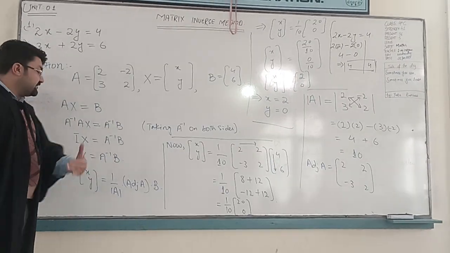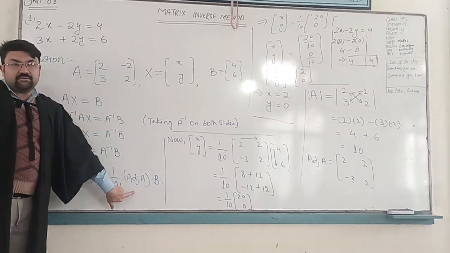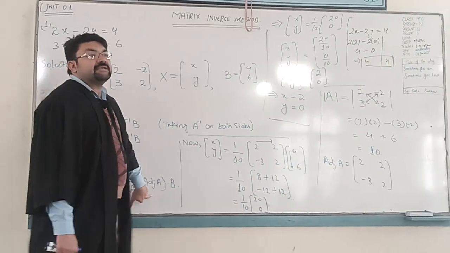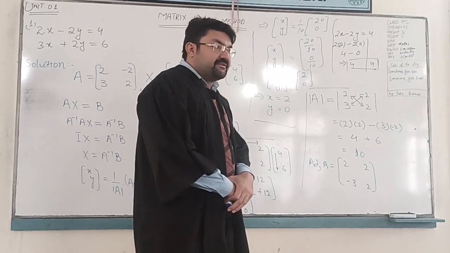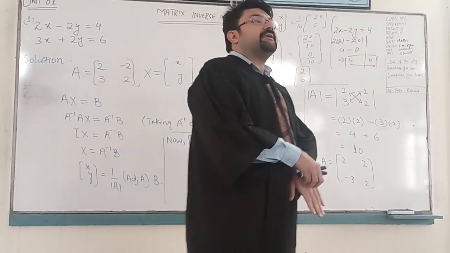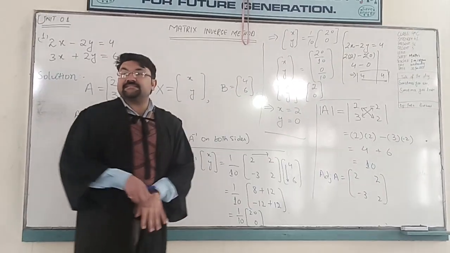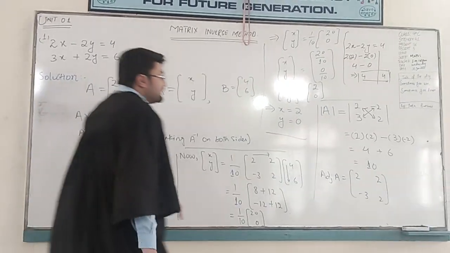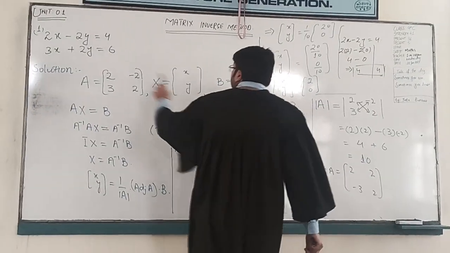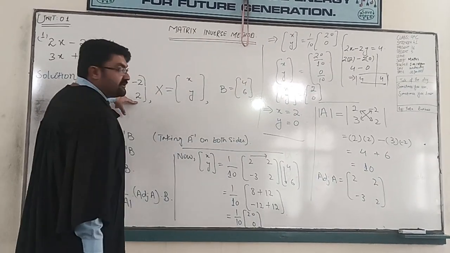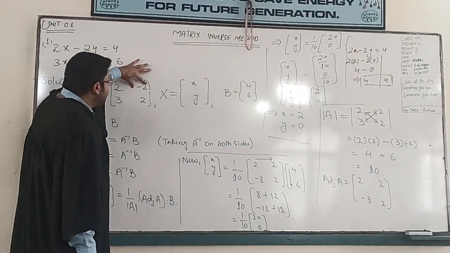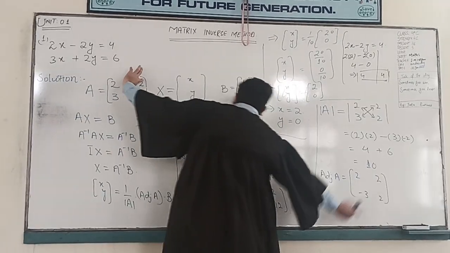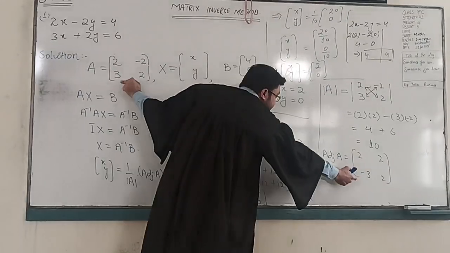Now we will find the adjoint of A. In the adjoint, we interchange the entries on the primary diagonal and change the sign of the entries on the secondary diagonal. So the adjoint of A will be [2 2; -3 2]: minus 2 becomes plus 2, and 3 becomes minus 3.